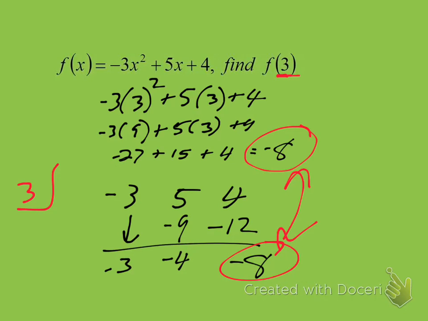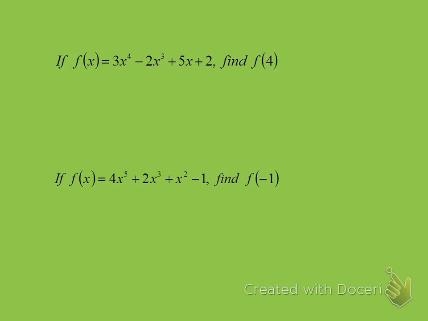Okay. Here's a couple more. Your next one, f of x equals 3x to the 4th minus 2x cubed plus 5x plus 2. Find f of 4. Now, here's how you know you don't switch the signs.